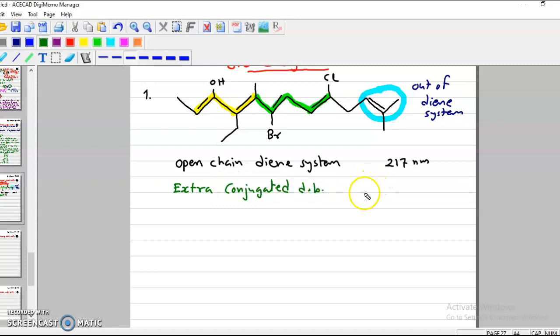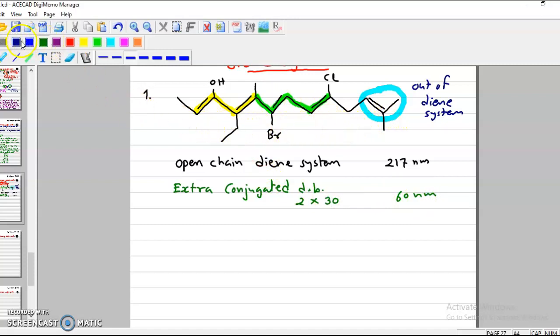For each double bond we take 30. So there are two alternate double bonds and therefore we will take 60 nanometer for extra conjugated double bonds. Okay, so this is very important.